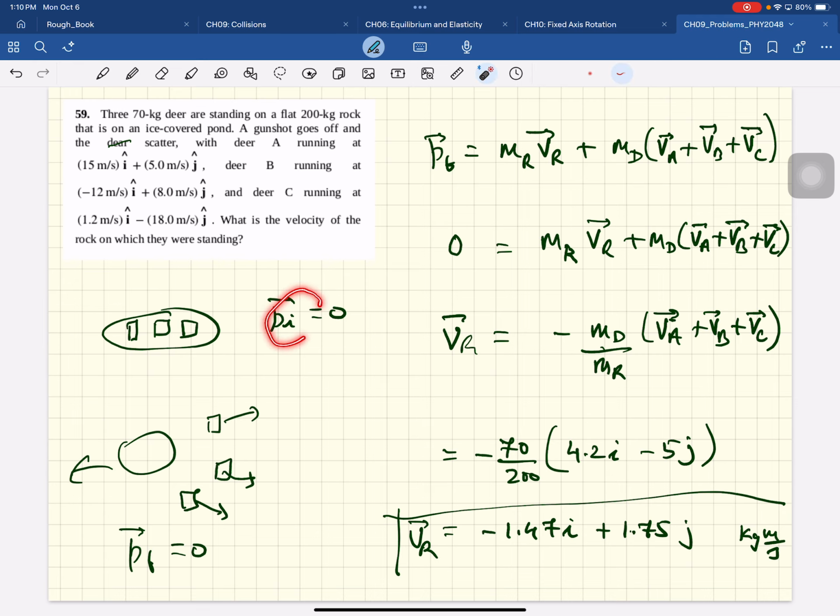Again, momentum conservation problem here. The initial momentum is 0, and so the final momentum after the scatter should be 0.